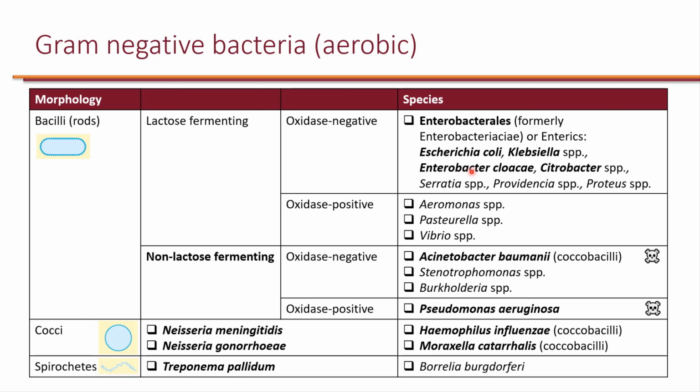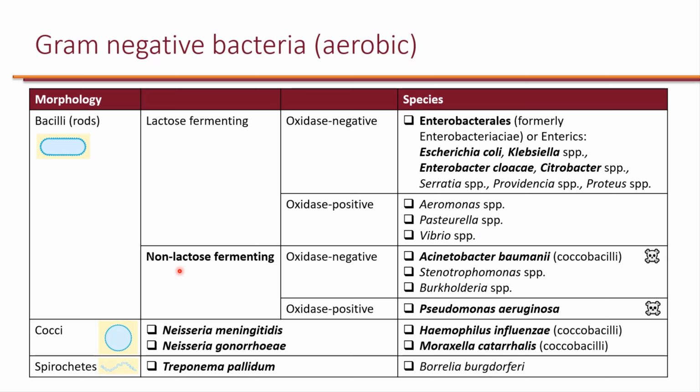And there is Enterobacter cloacae. There are several Citrobacter species, Serratia species, Providencia species, and Proteus species. So these are all under Enterobacterales. And then we have other lactose fermenters, so Aeromonas, Pasteurella, and Vibrio species.